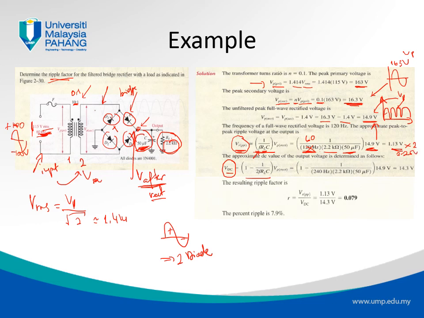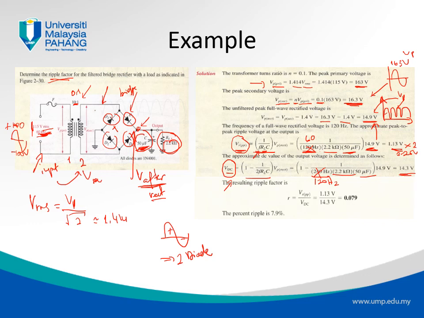2.26 volts. And the same goes for the DC average voltage. Here we just replace it with the value. Instead of 2F being 240, it should be 120 hertz. If we use 120 hertz, we should obtain another value here.